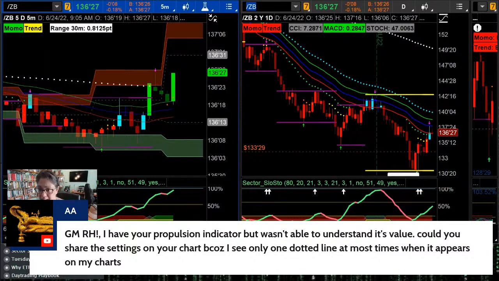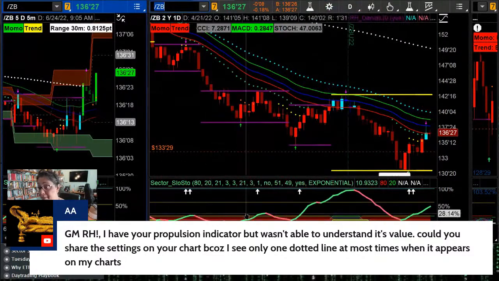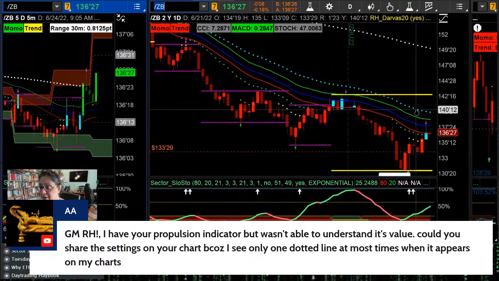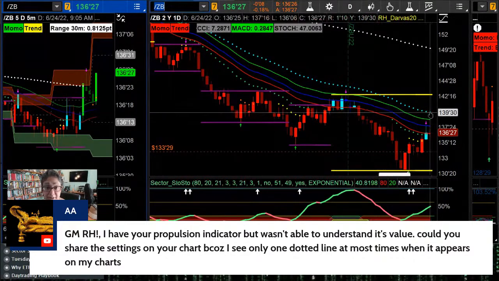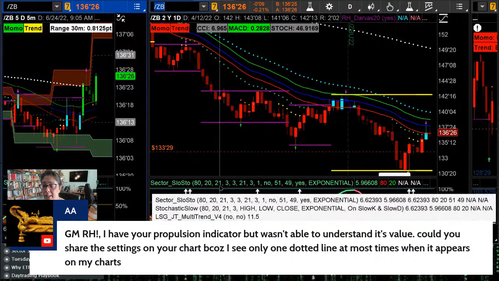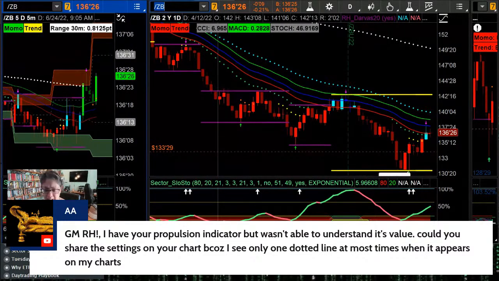Propulsion replaces, so take a look at the ZB chart here, right? Let's take a look at the ZB. Maybe this will help. The dots here, the dots here, the dots here. Every one of these dots are set colors. This is the 55 exponential, 21, and 13. What each one of these dots represents is two moving averages crossing, which is a very classic way of using moving averages, the moving average cross.